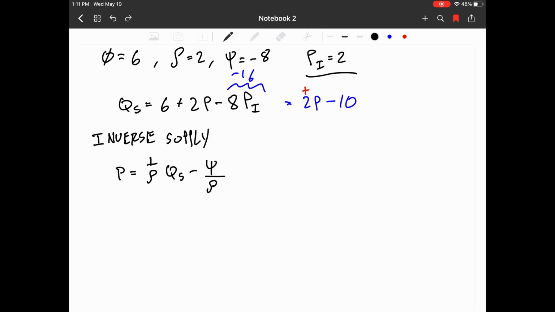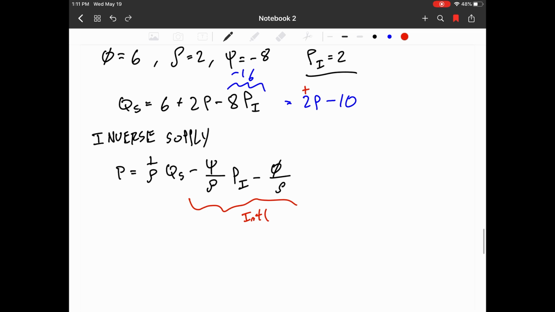So we have 1 over rho times QS, minus phi over rho times pi minus phi over rho. Okay. So then, similar to what we did for demand, we can define the intercept term here, which is a function of just one variable in this case.